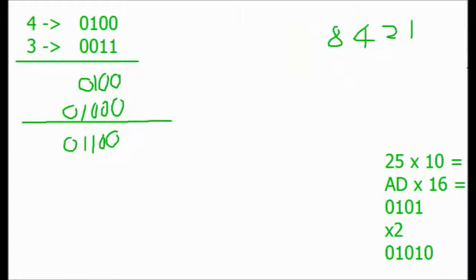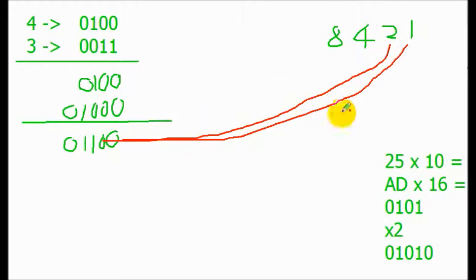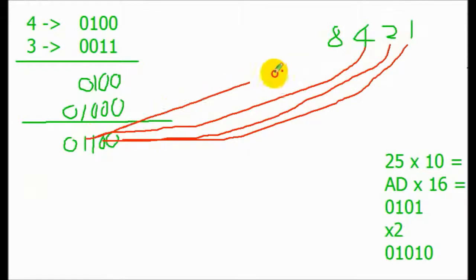So that 0 is 1, that 0 is 2, they count for nothing. There we go, 4, and that falls under 8. And 8 plus 4 is 12.